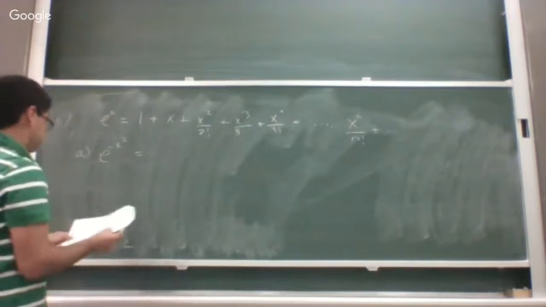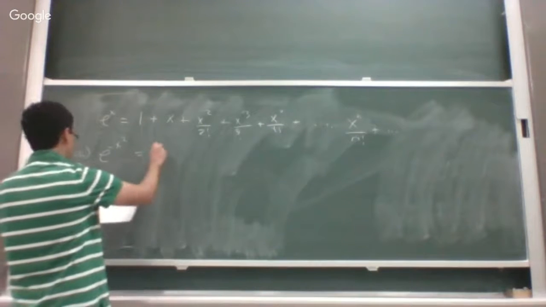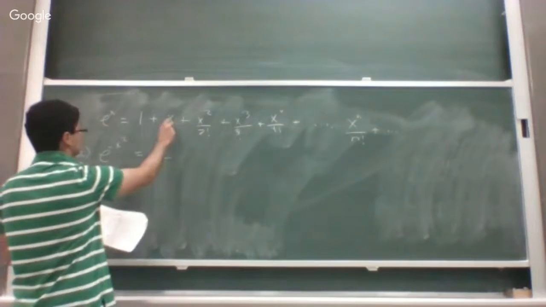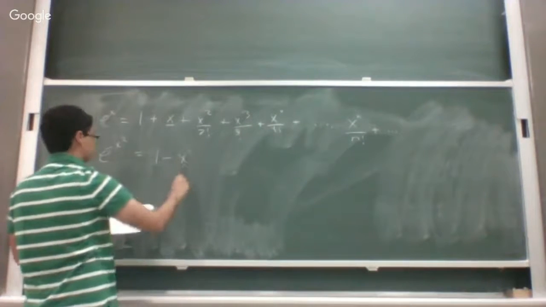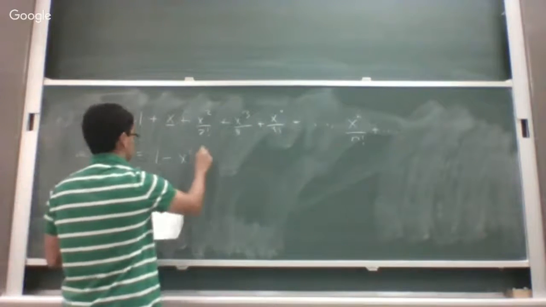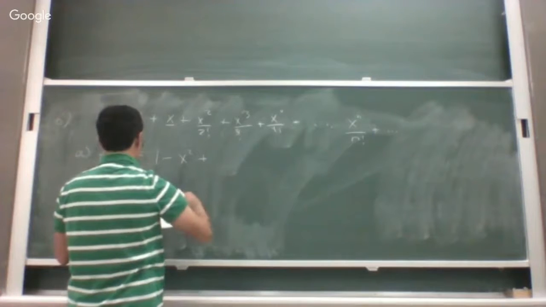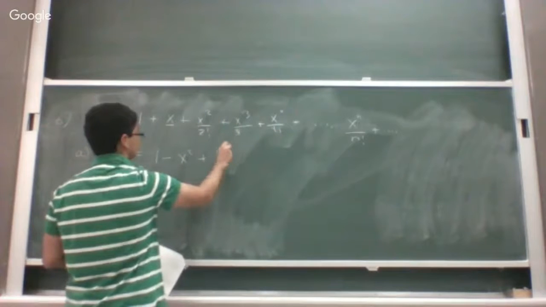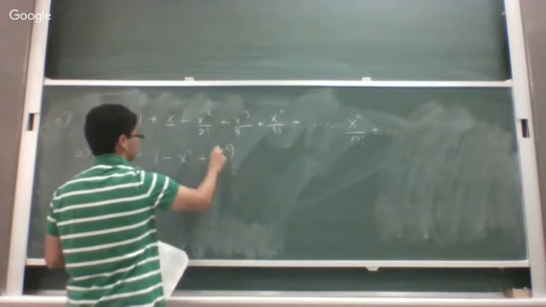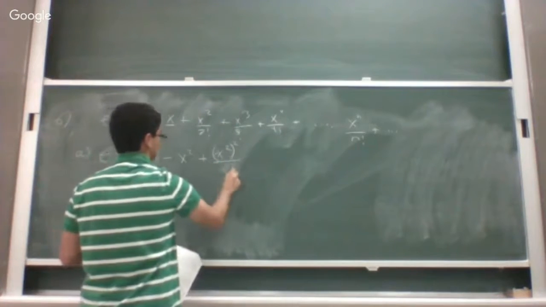So for part A, we have 1 minus, where there's an x, we substitute negative x squared. We have 1 minus negative x squared, plus we have x to the 4th, so it's negative x squared, quantity squared divided by 2 factorial.